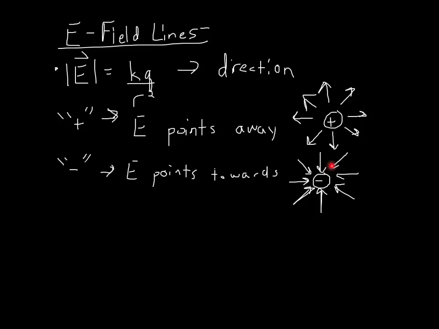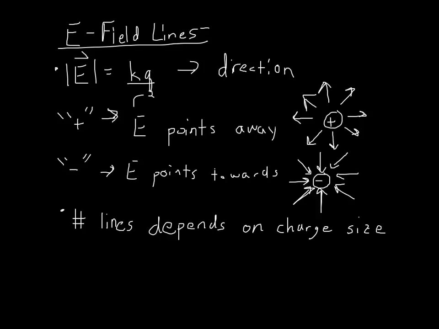Another interesting thing about the electric field, the number of lines for an electric field depends on the size of the charge. There's no standard number of lines that come out of a point, but the relative number of lines depends on the charge size. What does that mean?